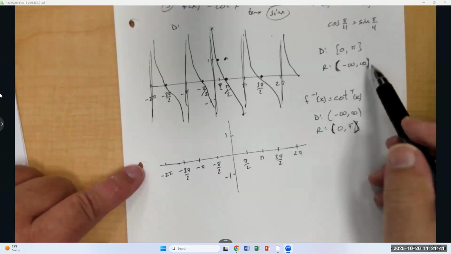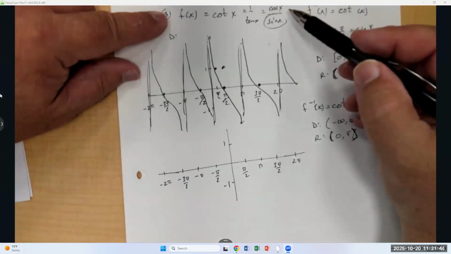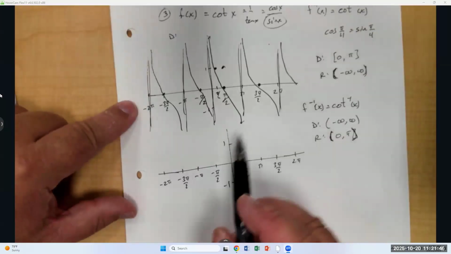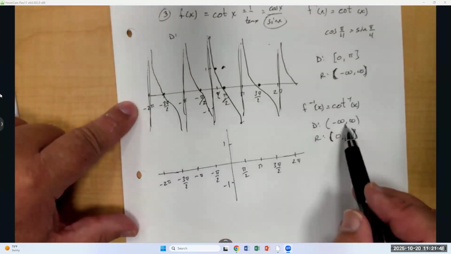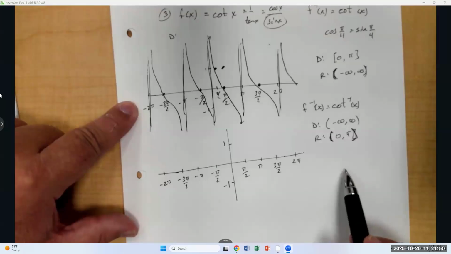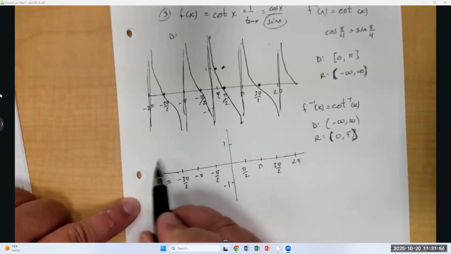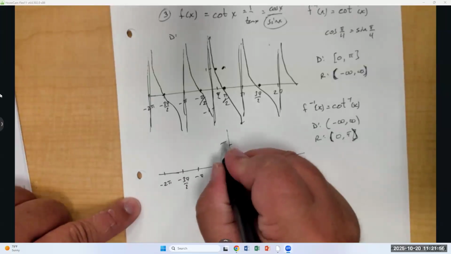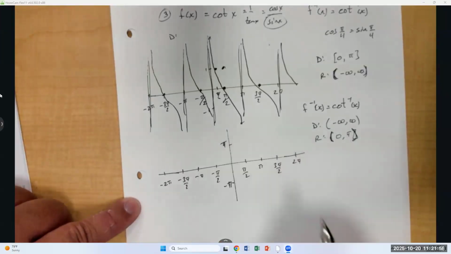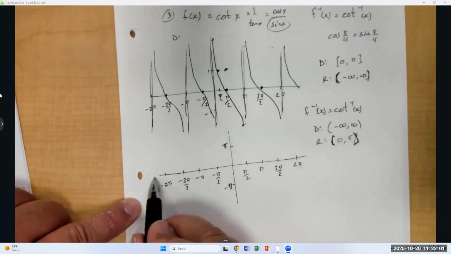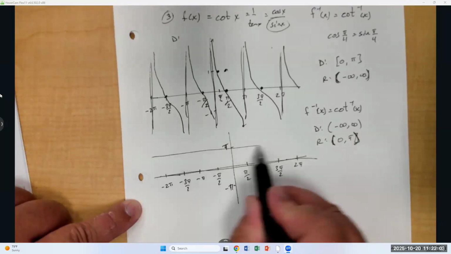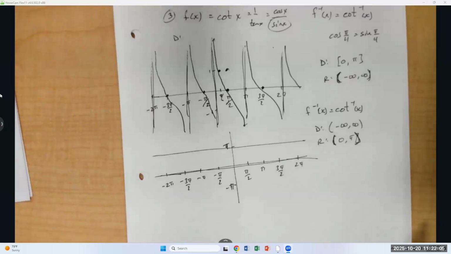So the function cotangent, we got that. Now we know our domain is negative infinity to positive infinity, and the range has to go from 0 to pi. So the horizontal domain is that.